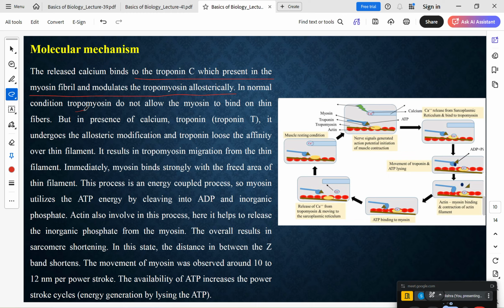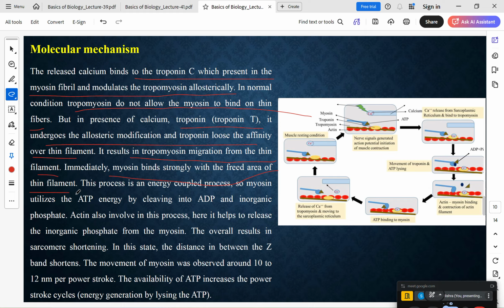In normal condition, tropomyosin does not allow myosin to bind to the thin fibers or the actin fibers. But in presence of calcium, troponin undergoes allosteric modification and loses the affinity for the thin filament. It results in tropomyosin migration from the thin filament, and immediately myosin binds strongly with the freed area in the thin filament.